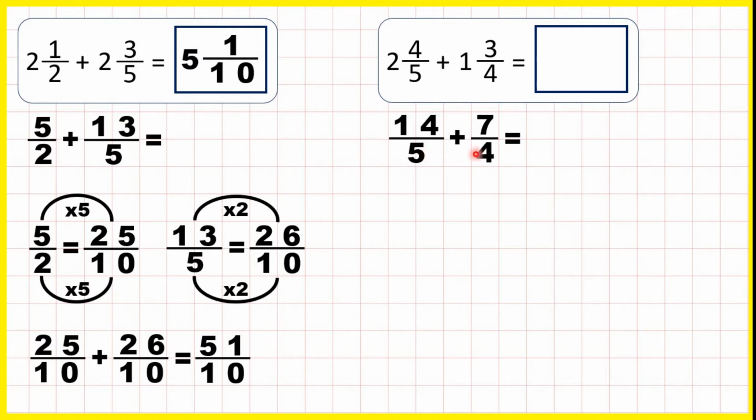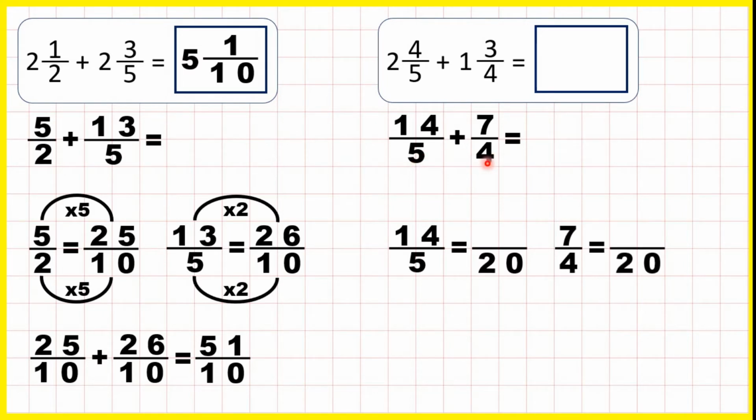Again, when we're adding fractions, we need the denominators to be the same, and 20 is in both the 5 and the 4 times table, so we can find equivalent fractions with a denominator of 20. 5 times 4 is 20, and for 14 times 4, you might need to use short multiplication here, but that's 56.